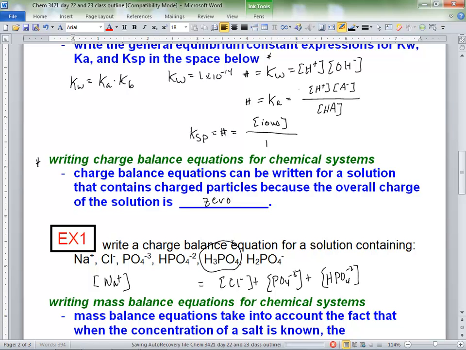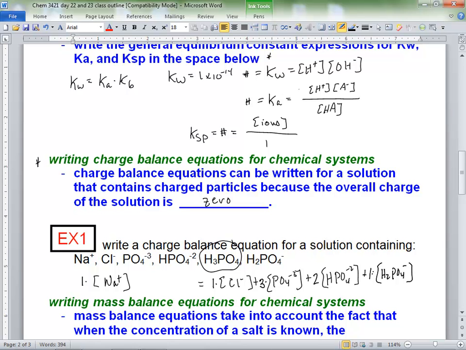And dihydrogen phosphate. Okay. And whatever the charge is, multiply it by it. Well, so I guess you'd have 1 times sodium is all. All right. Chloride again is 1. Oh, there's a phosphate. That's 3 though. 2 and a 1. Okay.